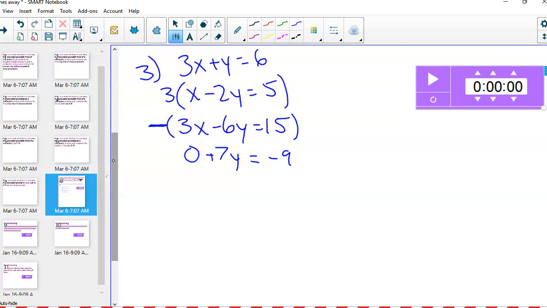And then we don't really need the 0. So we end up with some fraction. Remember, that can happen. And then we need to put that back in. It could be either any of these. I'm going to put it back in here so I don't have to multiply it to anything.